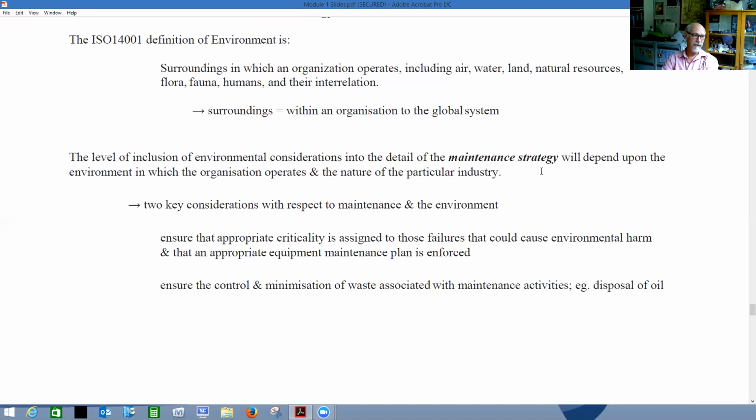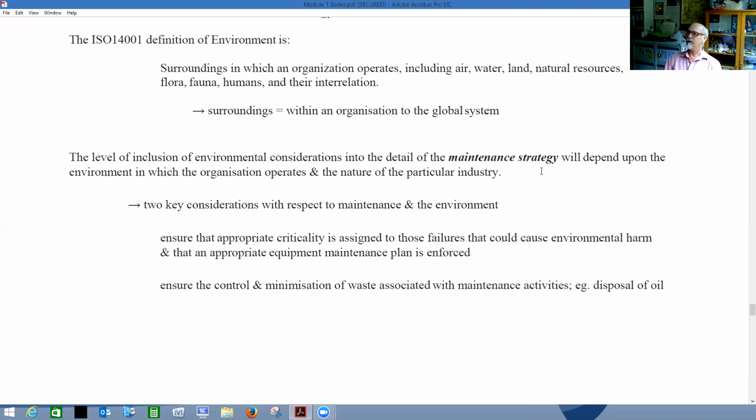It's not just downtown Mount Isa where you're releasing fumes into the air, but it has to be looked at in the context that that's in Queensland, that's in Australia, then of course Asia, etc. So whether it's Mount Isa, or a mine at Dysart, whatever the case may be, the air, the water, the land, natural resources, flora and fauna all have to be taken into account, including the humans and the interactions of those things. So it's about ecosystems and the importance of ensuring that we safeguard against any industrial problems like that.